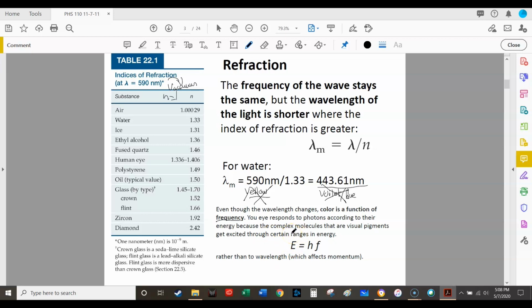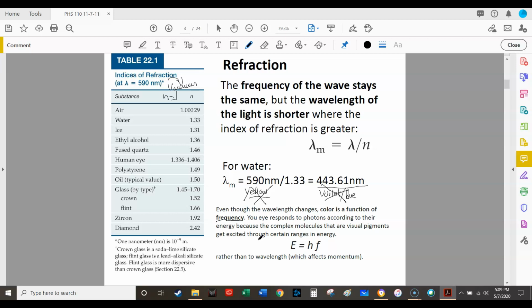And in order for them to speed up and slow down, they have to absorb photons or they have to eject photons, right? Well, this energy equation is basically saying that frequency is what we're seeing. So the energy of a photon impacting against the back of our eye is actually the frequency of that color, right? And frequency isn't changing when it's going from one medium to another. So that's why color won't change. Even though the wavelength is changing, the color isn't going to change, and that's because frequency doesn't change from one medium to another. Okay.